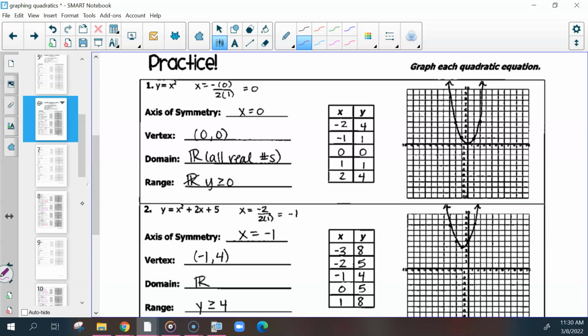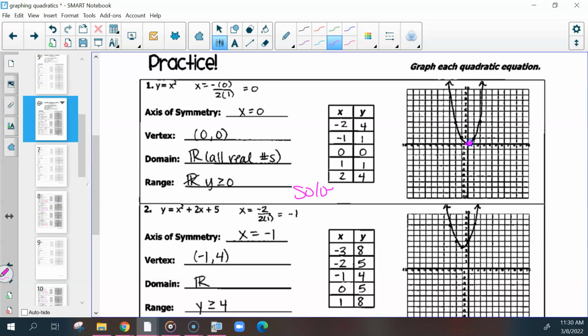The third part of this unit is being able to find solutions or roots from the graph. So when we do that, we're looking at, does this parabola cross or touch the x-axis? Yes, it does. At one place right here. So wherever it touches or crosses the x-axis would be your root or solution.